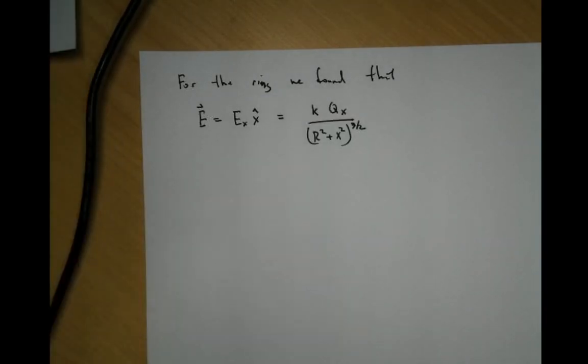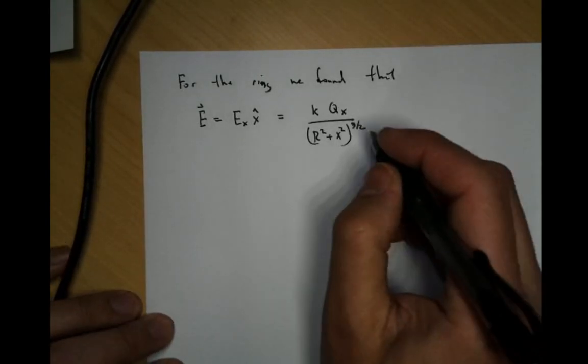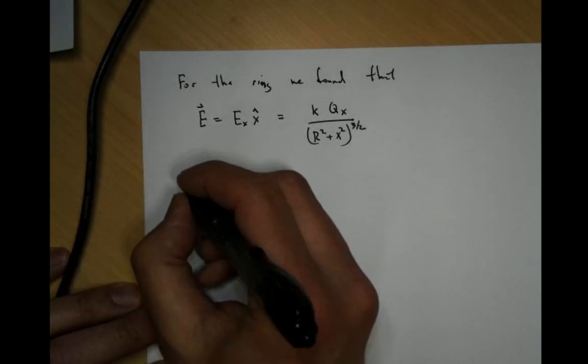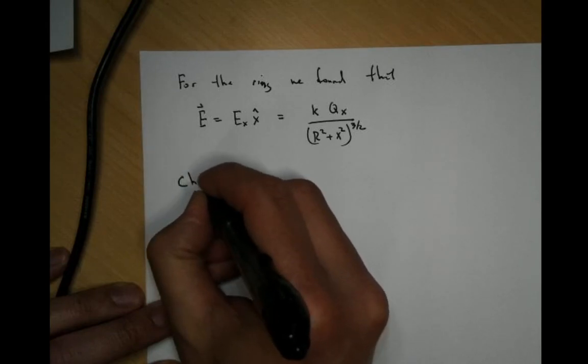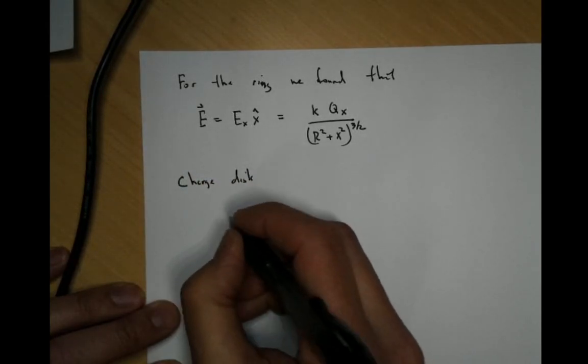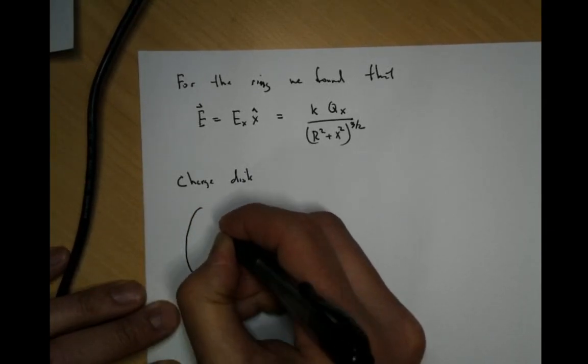I'm going to basically take this technology and use it again. This is going to be a short aside for a second. Now let's consider a charged disk. A charged disk looks like this. Instead of a ring, now I have a total disk here.